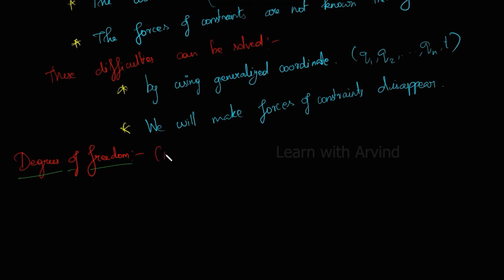Now we will be discussing degrees of freedom. Degrees of freedom is the minimum number of coordinates required to specify the position of a dynamical system.